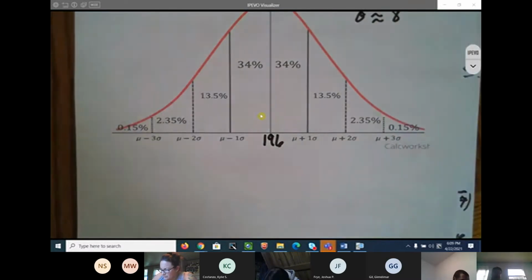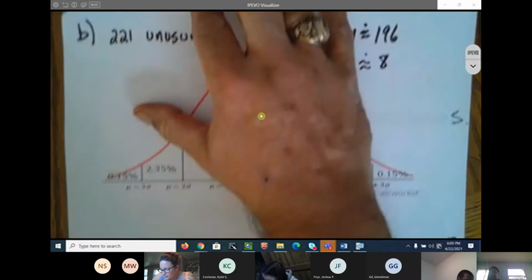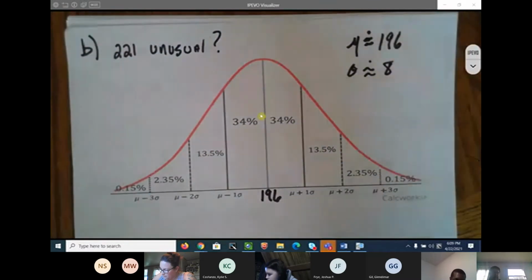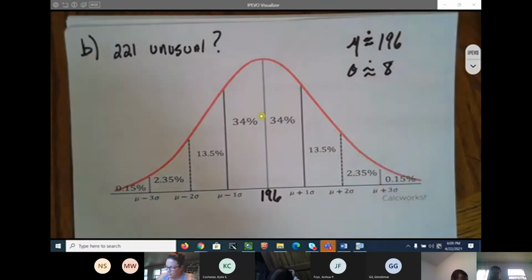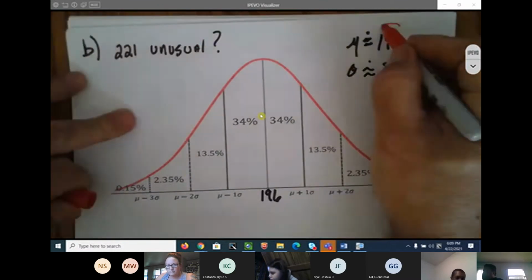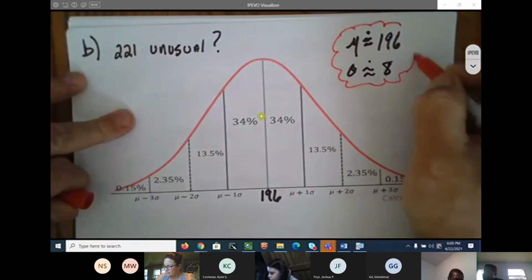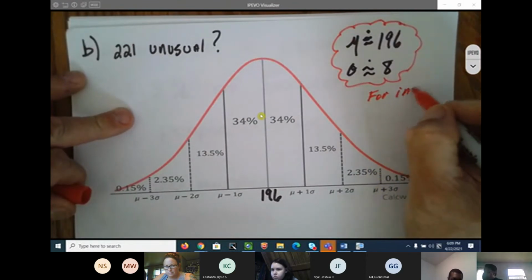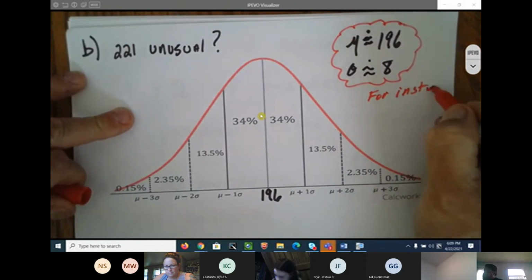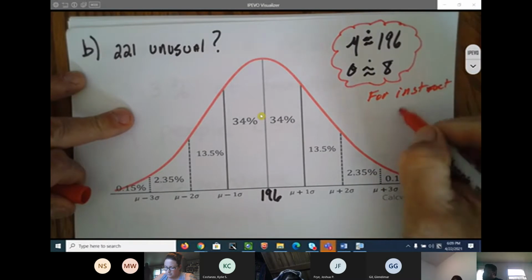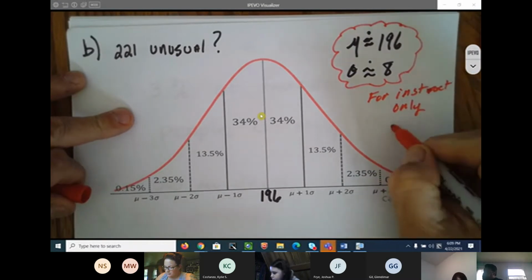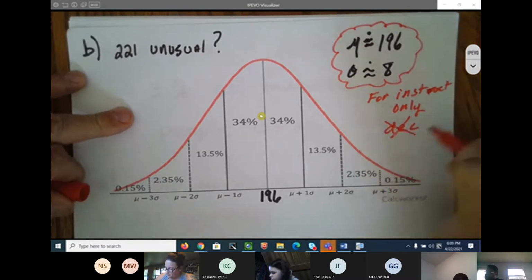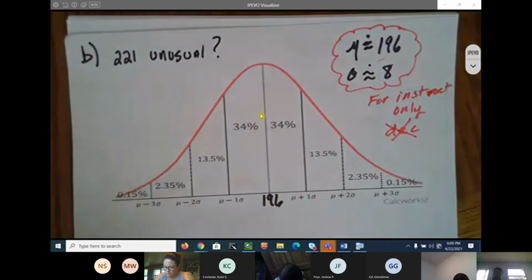Now I'm going to put a note up here because I don't want anybody to get confused. I'm doing this right here because I don't want to have to deal with decimals in my head. So this is for instruction only, no decimals. So I just made everything a whole number because I don't feel like fooling with decimals.